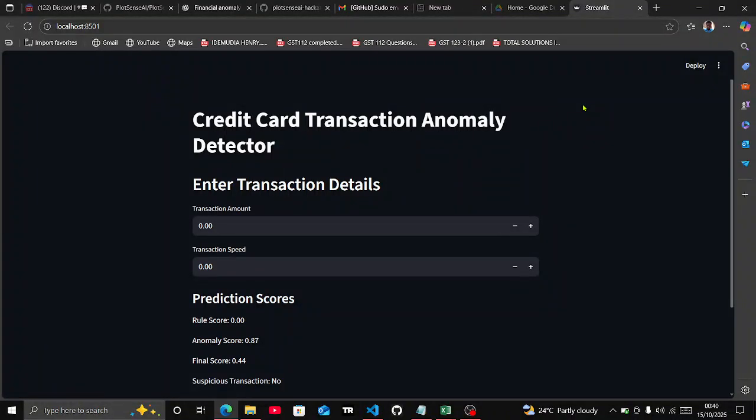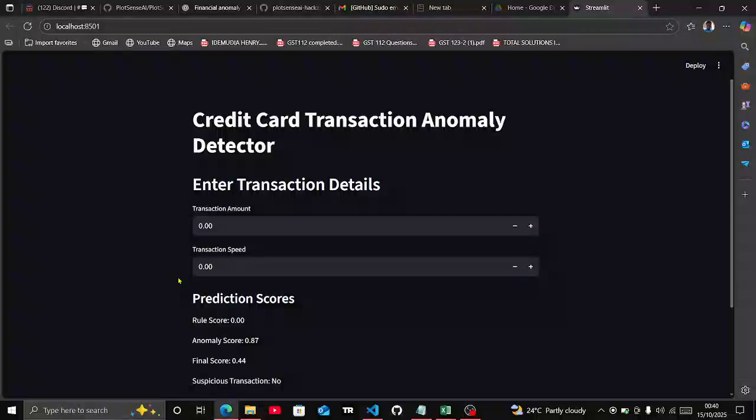The user enters key transaction details like the transaction amount that we have here and the transaction speed. Then after entering it, behind the scenes there's a hybrid model, which evaluates the risk with simple rules, that is the basic rules used in evaluating the criteria for flagging an illegitimate transaction.